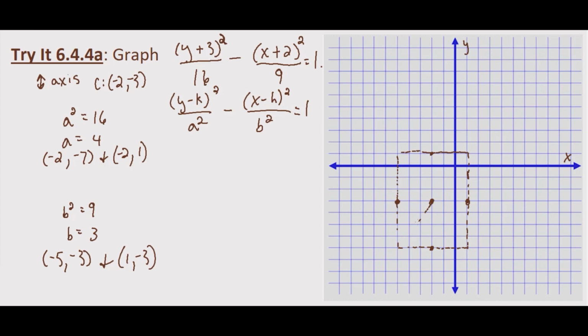Then we draw in our asymptotes, which go through the corners of that box.